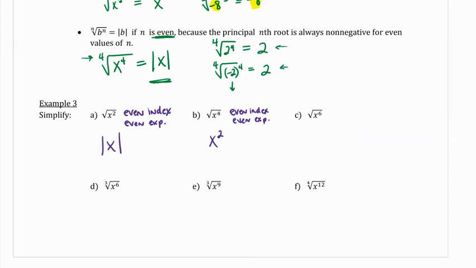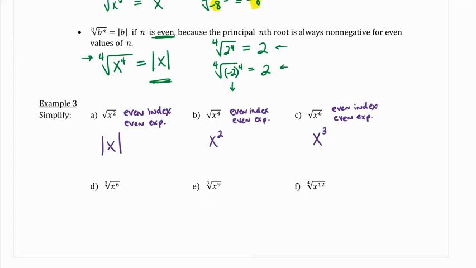Okay, let's look at one more here. Again, we've got an index of 2. So this one again has an even index, and it has an even exponent. And this time when I take the square root of x to the 6th power, what times itself makes x to the 6th? Well, that would be x cubed.